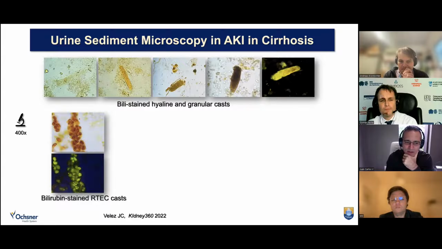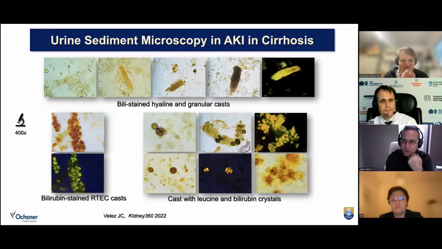Renal tubular epithelial cell casts can also be found in patients with cirrhosis. I'll show you some numbers in a minute. And if you use polarized light, they can sometimes stain green due to the bilirubin pigmentation. We also have some other crystals, such as leucine crystals on the top panel.